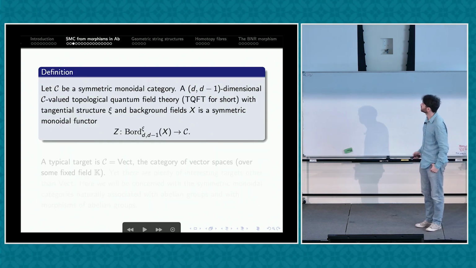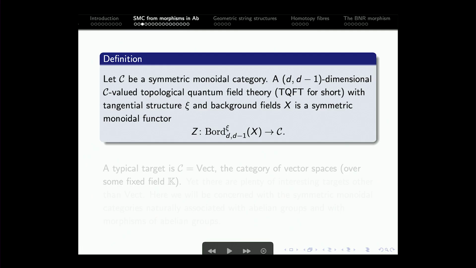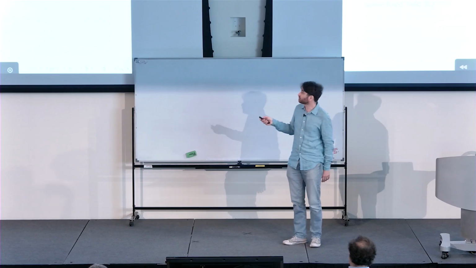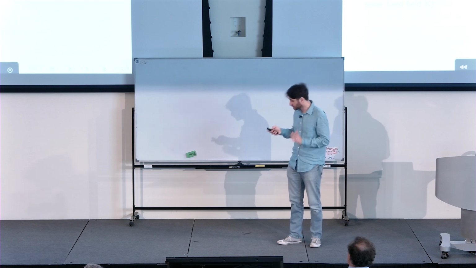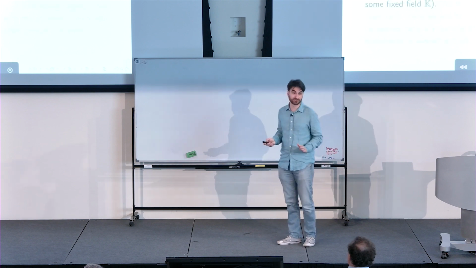So now what is a TQFT? For us the domain is these enriched bordism categories with Xi and X. And my target is some symmetric monoidal category, and a TQFT with target C is just a symmetric monoidal functor Z from my bordism category to C. The typical target is vector spaces.